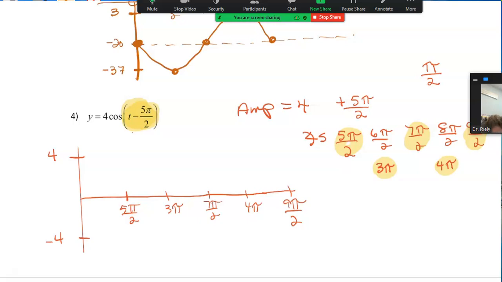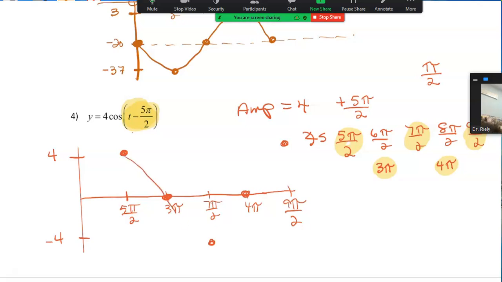Okay, the shape is a cosine. I start high. Remember, you're going to start at the first angle. It is no longer at 0. So your first angle is 5π/2, so you best start right there. Okay, you're going to go to 0 because that's your midline still, and then down to negative 4, up to 0, and all the way up to 4.